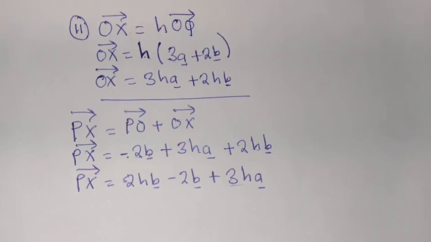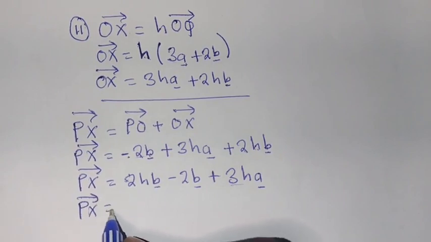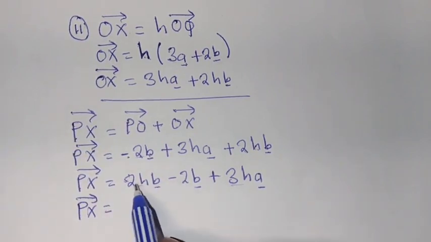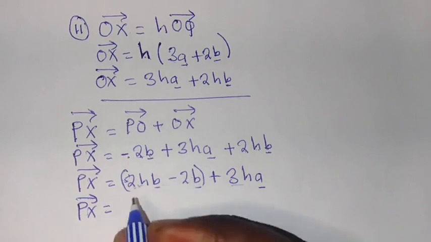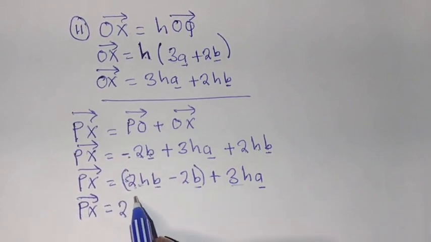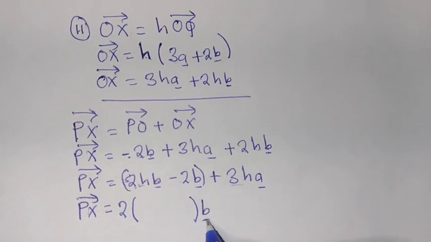Now here, what you do is, you say PX equal to, the numbers are common here. In terms of the numbers, they are common. You focus on these two. So you factor out the number in front here, open bracket. In terms of the letters, we have B and B. So the B, you put it right here.